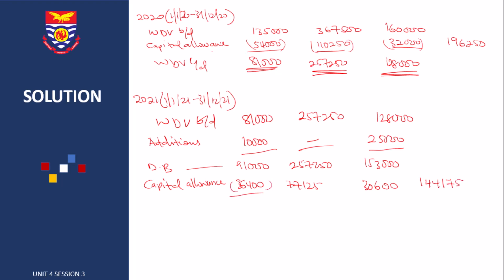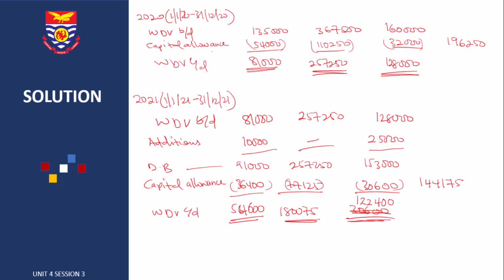Then now we deduct to get the written down value carried down. For class 1, we have 54,600. For class 2, we have 180,075. And then for class 3, we have 122,400.